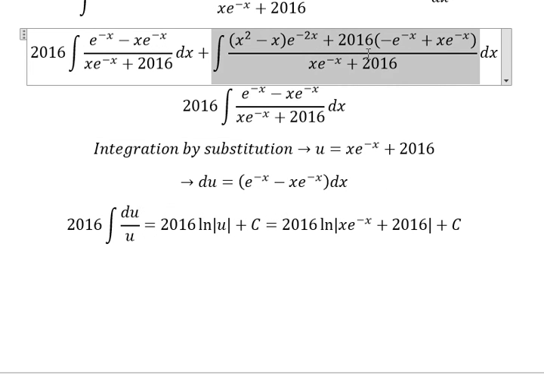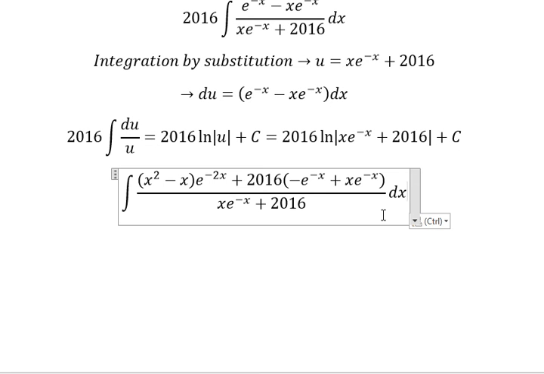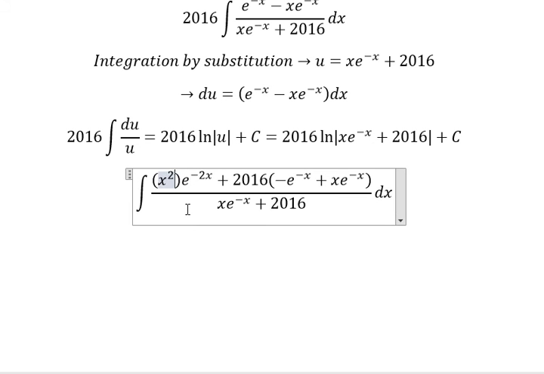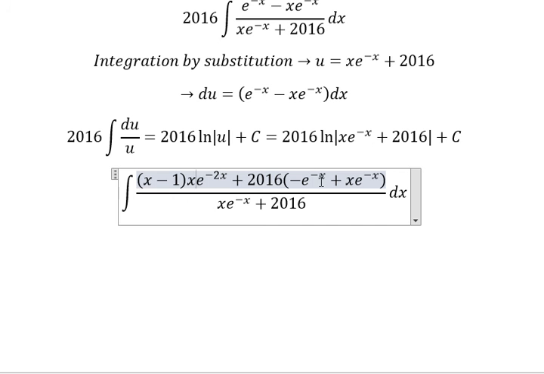Now I go to the second one. We need to do factorization in here. So this should be x multiplied with this one, and you got x minus 1. For this one, we have e to the power of negative x.